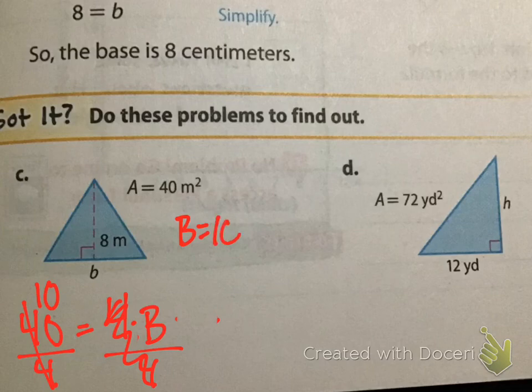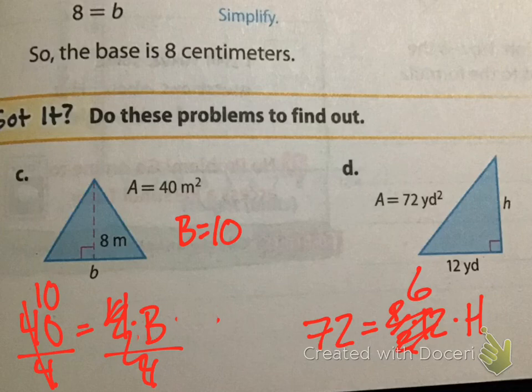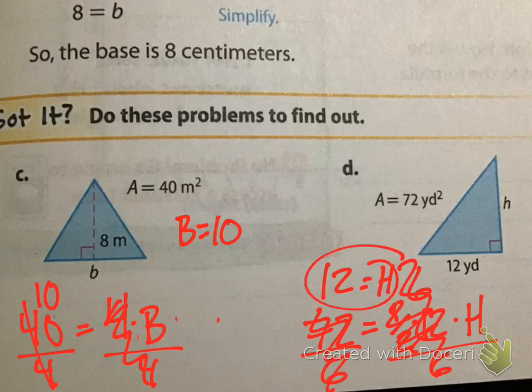So our b is 10. Excellent. What about for that last one then, Emerson? 12. Let's see. We got 72 equals 1/2 of base times height. We know that 1/2 times 12 is 6. We divide each side by 6, and we get h equals 12.